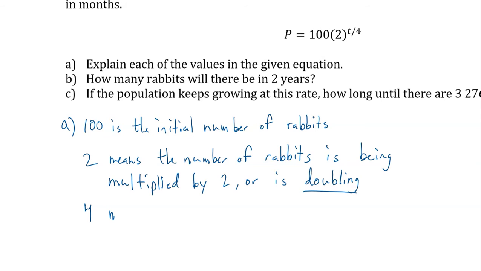And the 4 means it doubles every 4 months. So the n can be a tricky one when you have to set up the equation yourself. But it means you're doubling every 4 months.